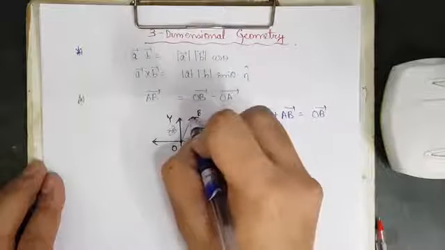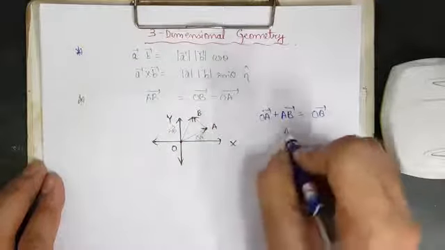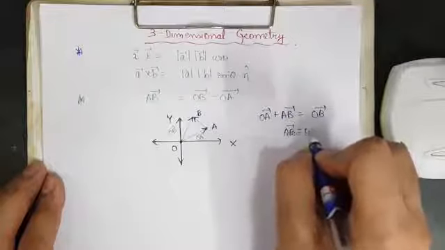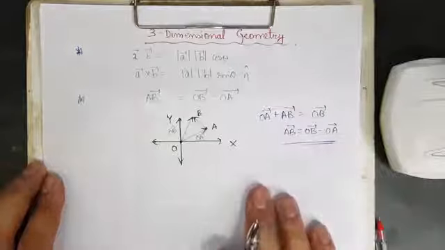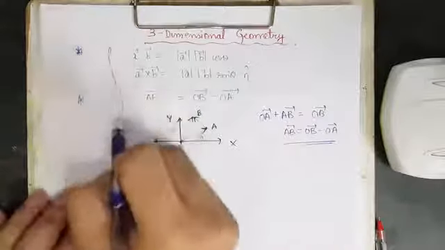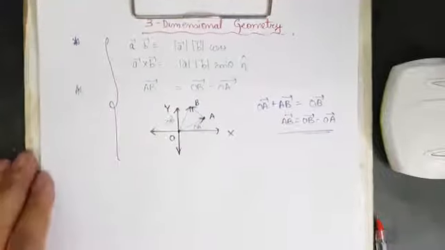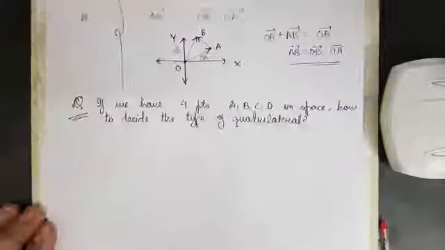So AB vector will be equal to OB vector minus OA vector. This is the point which I want you to know. Only these 3 points are important for beginning the chapter, so let us begin.